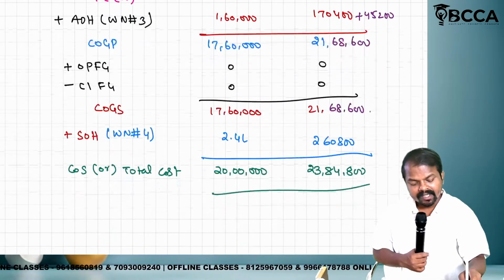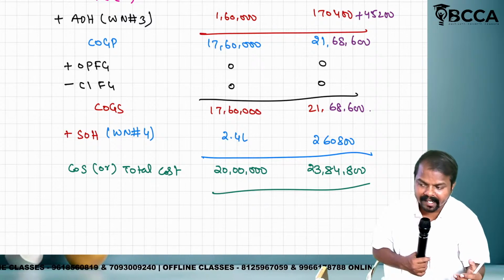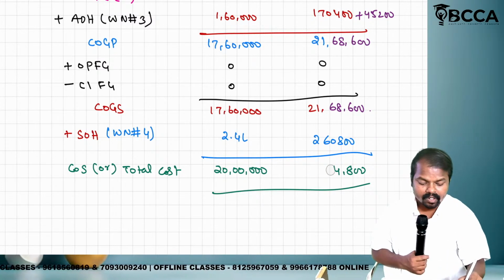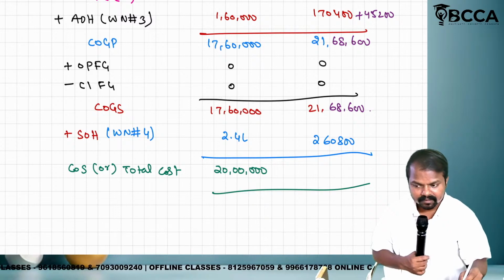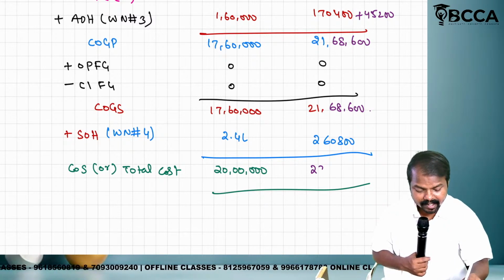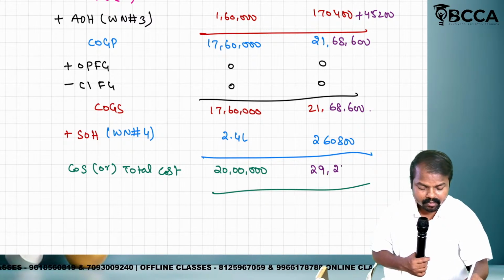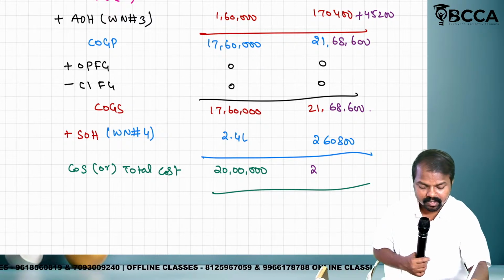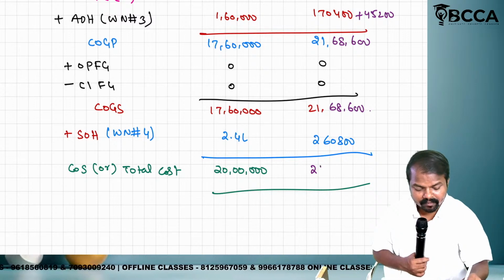Correct? SOH 12 lakh 60,800. 24 lakh. 29 lakh 24,000. 24 lakh.